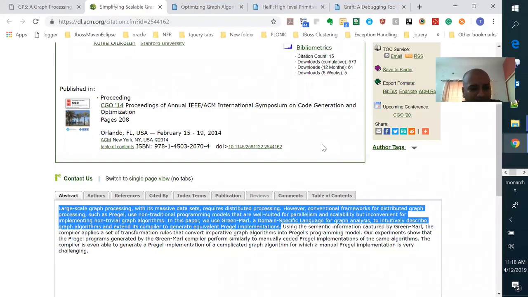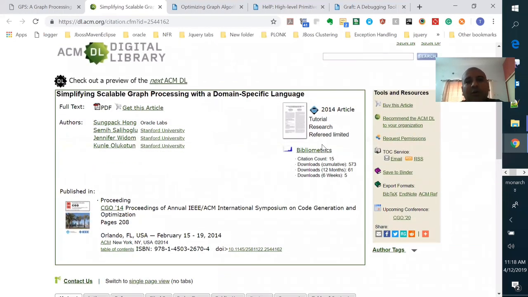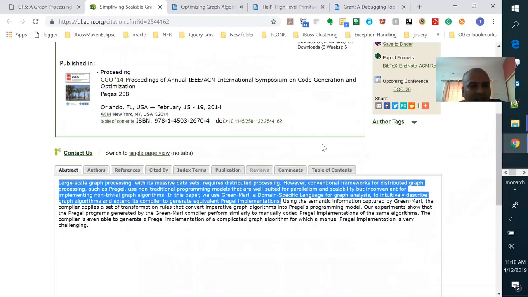The first paper that we are going to discuss is simplifying scalable graph processing with a domain-specific language. Like we discussed in the previous slide, large-scale graph processing, which has a massive data set, requires distributed processing.